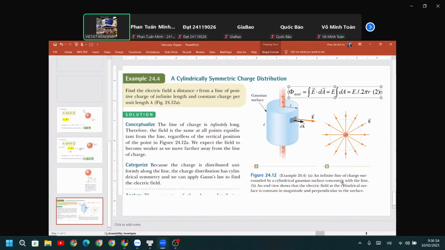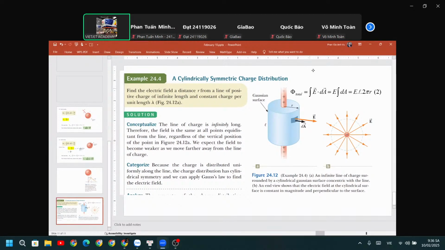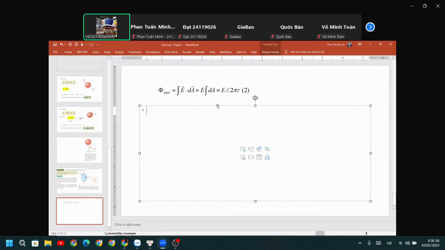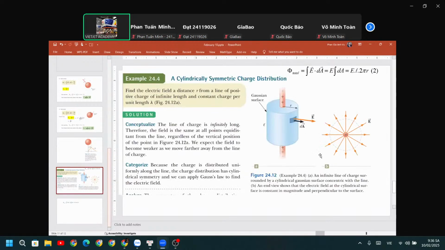Okay. Then from the first equation here, you see what Q in is. So I copy this one to the new slide. What is Q in now? Can you identify Q inside the box?